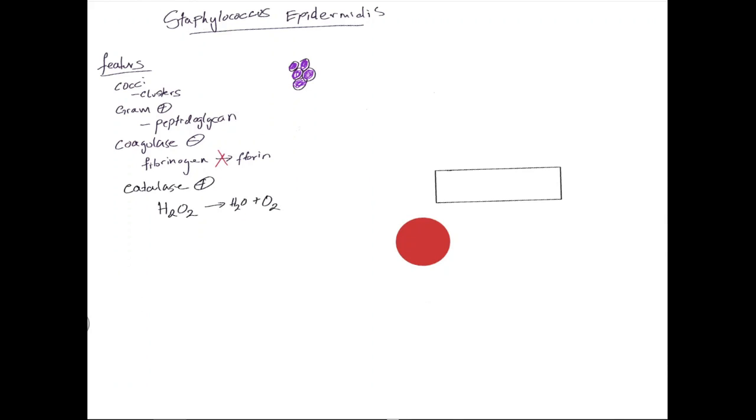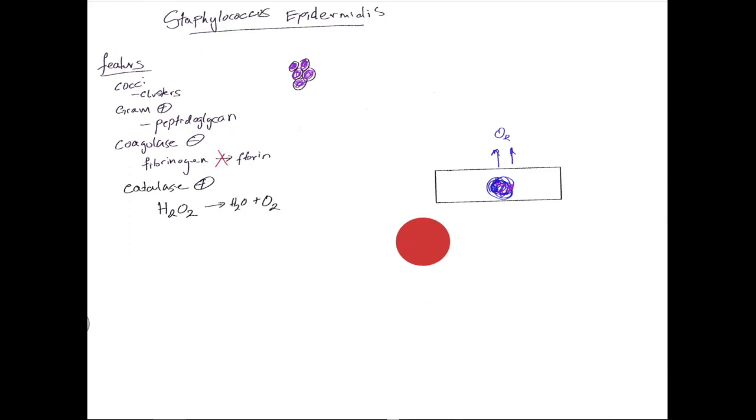Okay, and just to be clear how this happens, you can just add peroxide to your slide right there. All right, can then stick on the bacteria there and just wait for bubbles. All right, and that will mean oxygen is being produced.